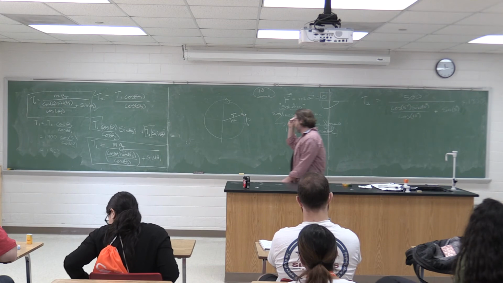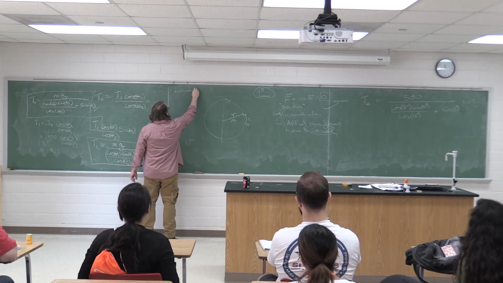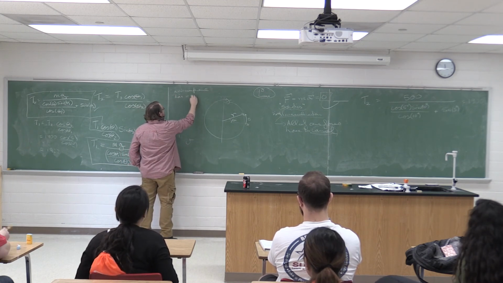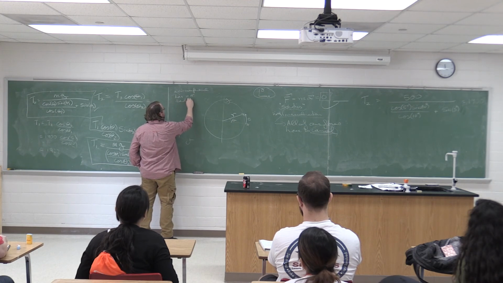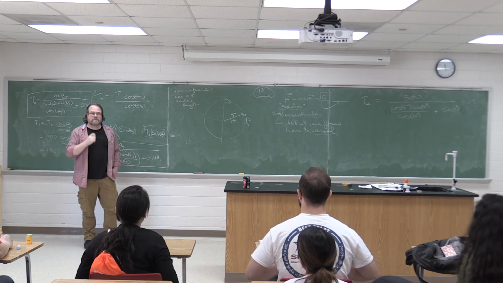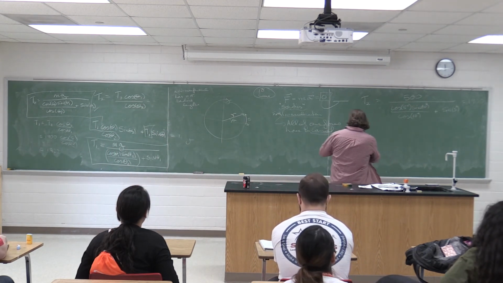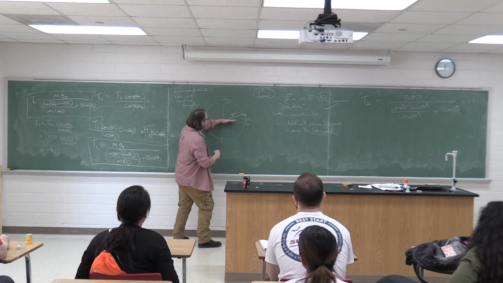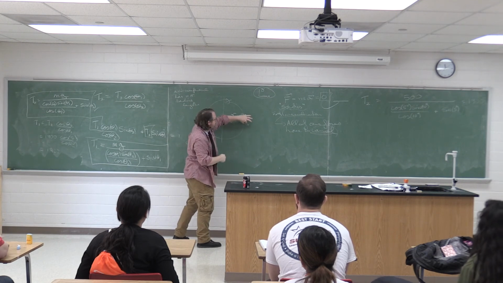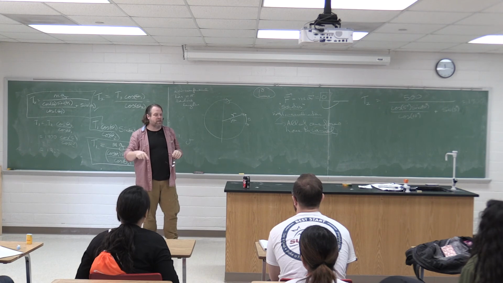So we would say it this way: a circumference has 2 pi radius lengths. So in other words, once that angle has gone all the way around to 360 degrees, our arc length has become a circumference. It's gone 2 pi radius lengths around.